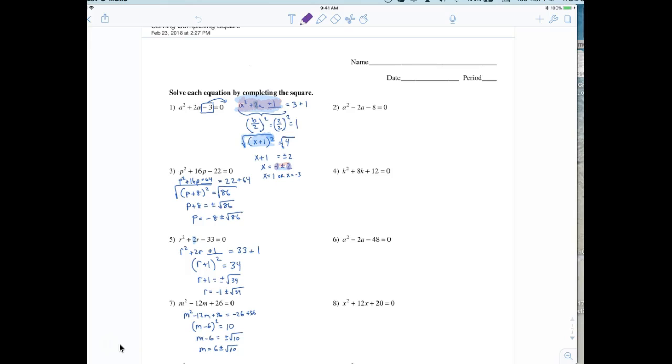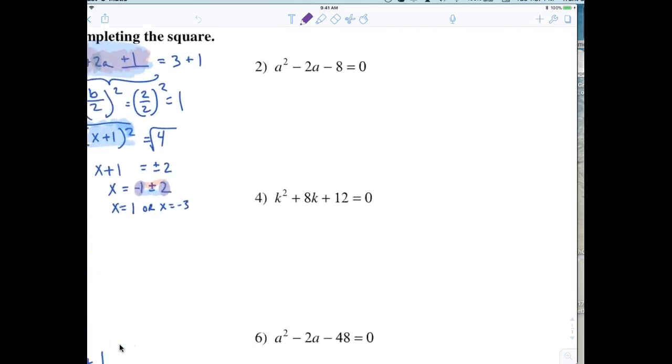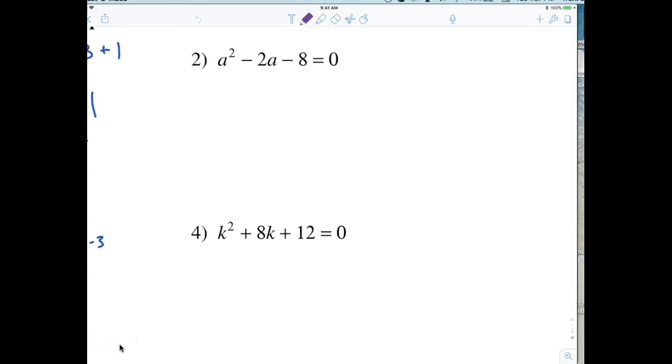So I want to show you something about question number 2. And I always tell kids I would never make you do something a long way if there was what? A short way to do it. So for question number 2, all I want you to do is just listen to what I'm saying. Hopefully everybody looked at that and said, well, that's really easy because I can just solve that by factoring. Don't write this down.